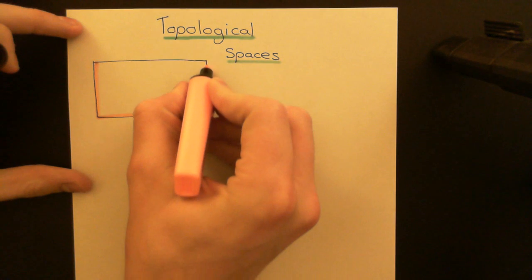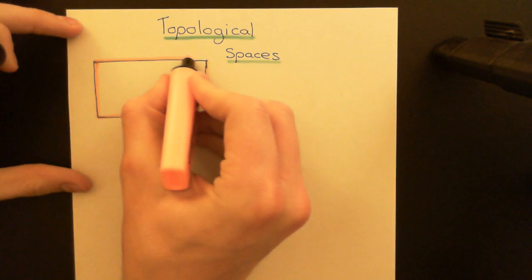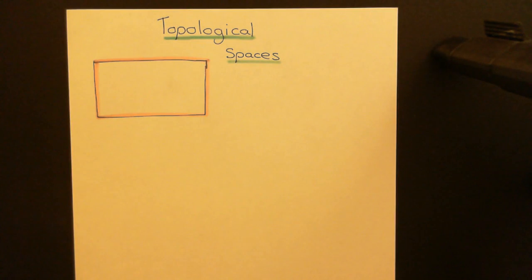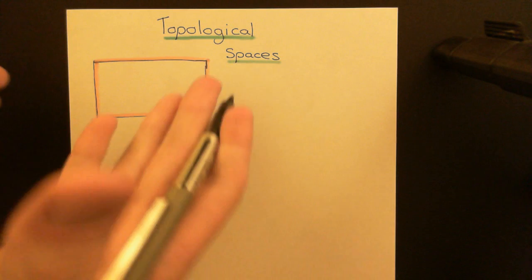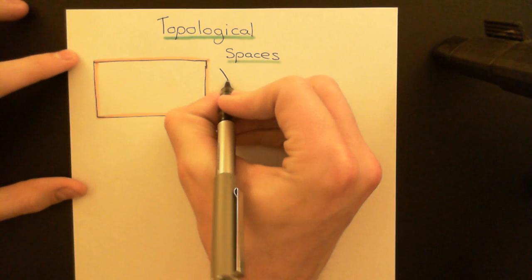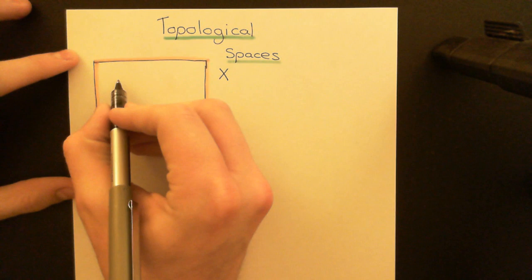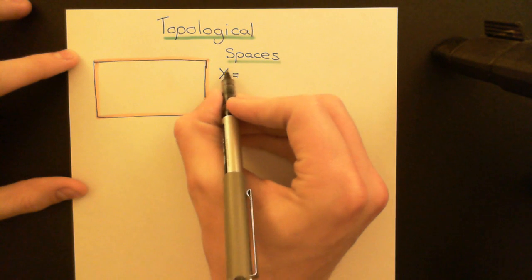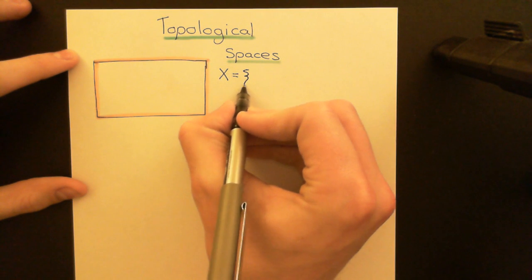Now, the most foundational, the crudest mathematical structure that I can get for my plane here is just going to be a set of elements where the elements are representing points on this plane. Okay, so the crudest mathematical representation of my plane, which I'll call capital X here, is just going to be a set.